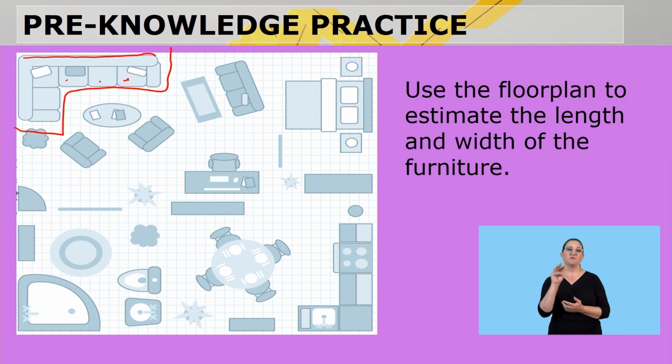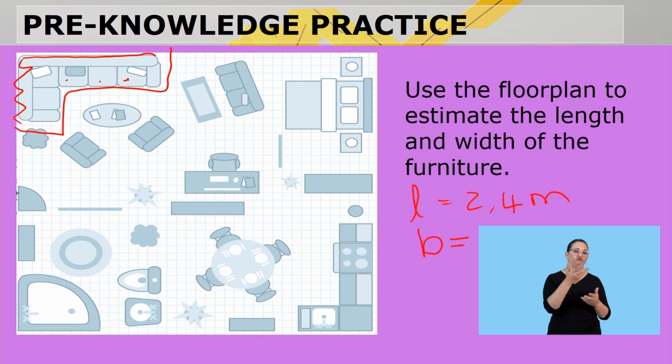And then if we look at the width, there you can see there's only 2 seats and a bit. So I would say more or less 150 centimeters. So for the couch, we have the length as 2,4 meters and the width then as 1,5 meters.